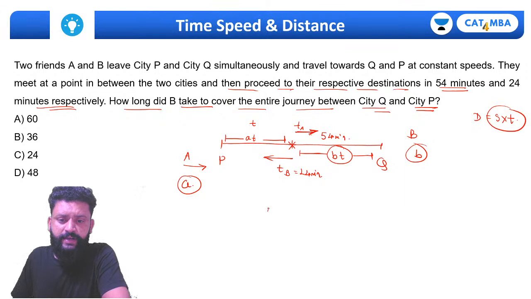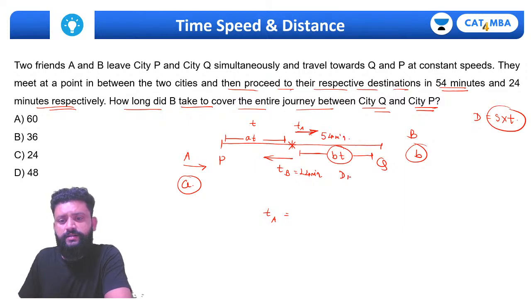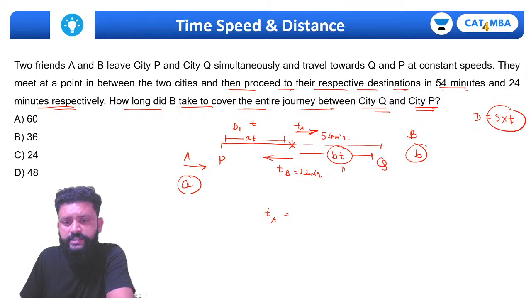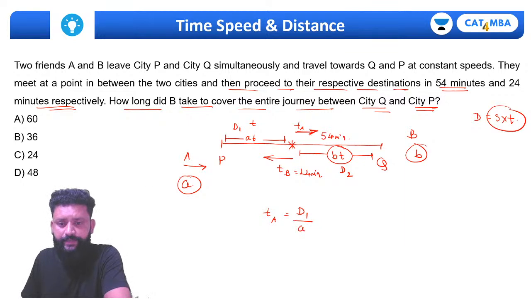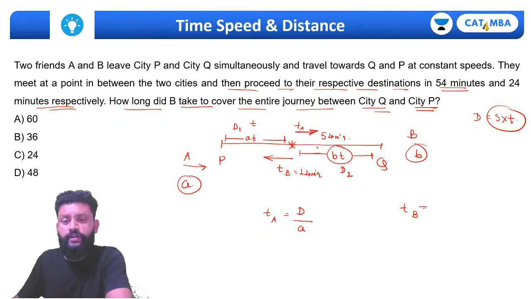So we know the time required for A to travel that distance, let's say this is d1 and d2. So the time required for A to travel will be d2 upon A, and the time required for B to travel this d1 distance will be d1 upon B.